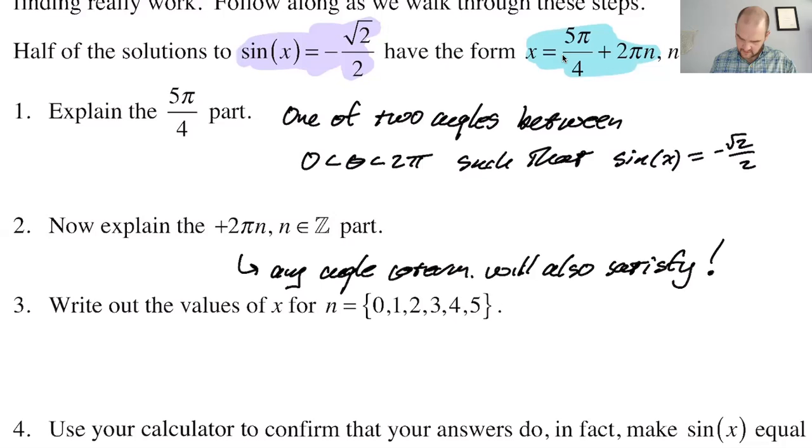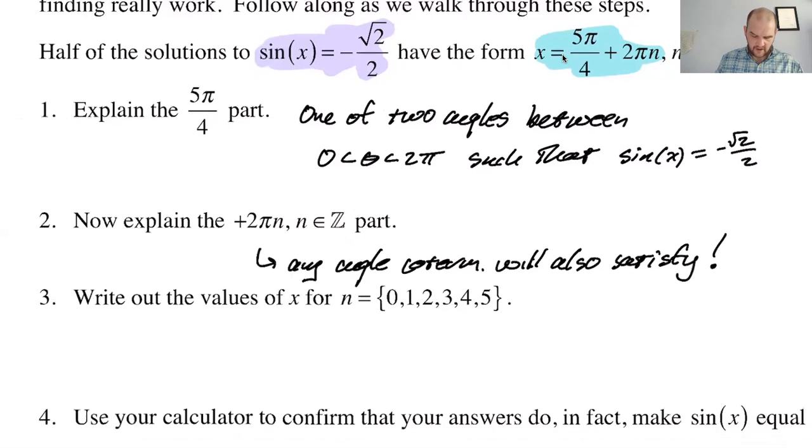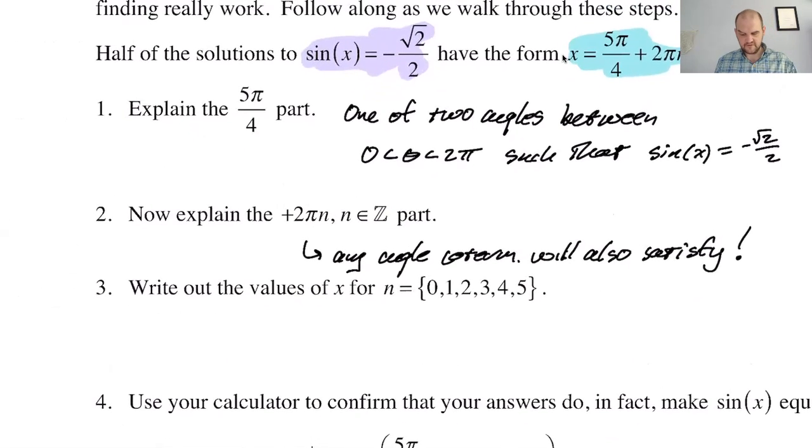Okay, so any other angle that's coterminal is going to satisfy it. So we can actually write out a lot of those angles. So we're saying x equals 5 pi over 4 plus 2 pi n, right? Where n is an element of the integers, obviously.